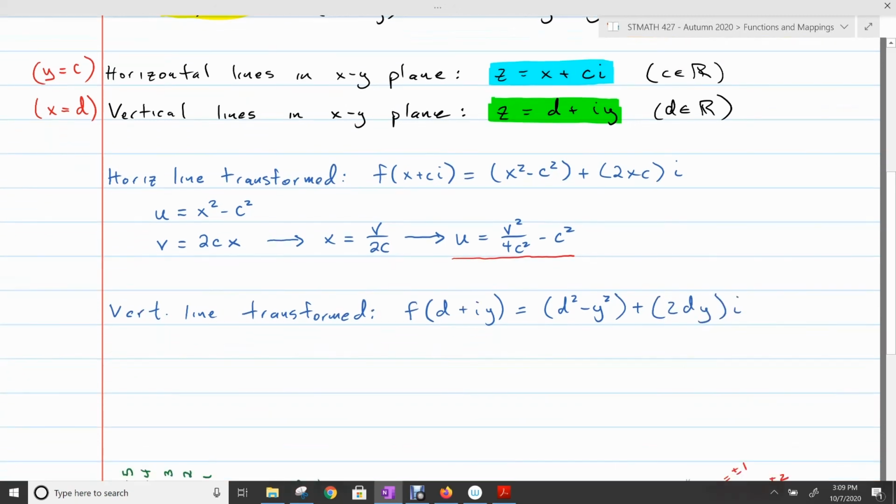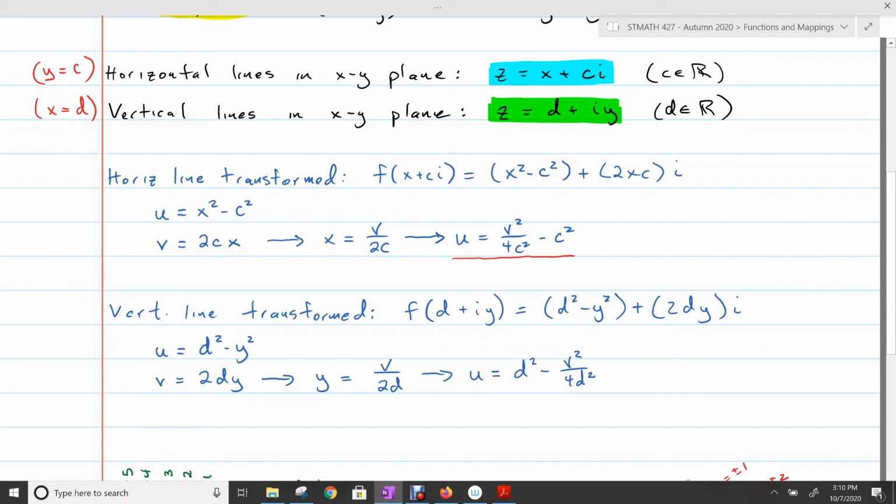So just like before, I've got u is equal to d squared minus y squared, and v is equal to 2dy. So I could solve for y in the second equation and get v over 2d. I could substitute that into the first equation. I would get u equals d squared minus v squared over 4d squared.